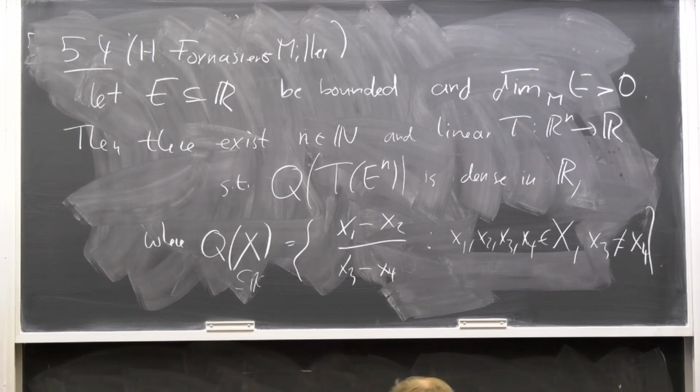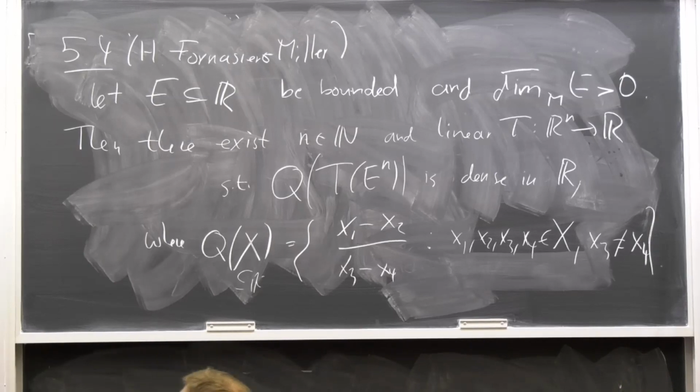The last thing I have to do is, if I have a set with Minkowski dimension at least 1/2, after I apply this difference quotient, I then get something that is dense.